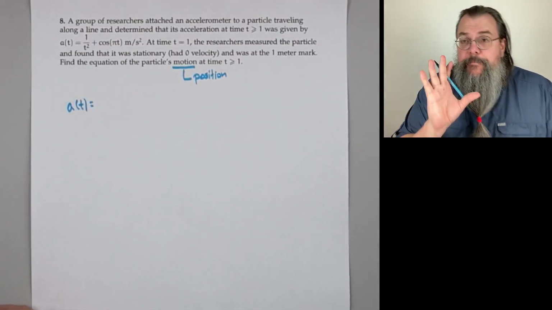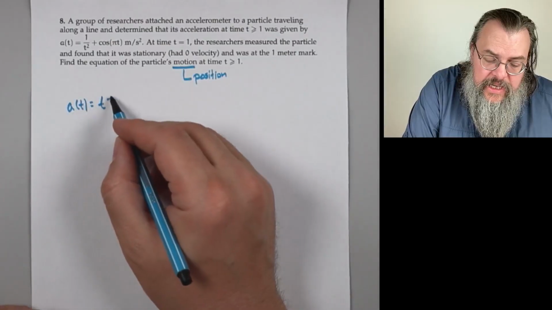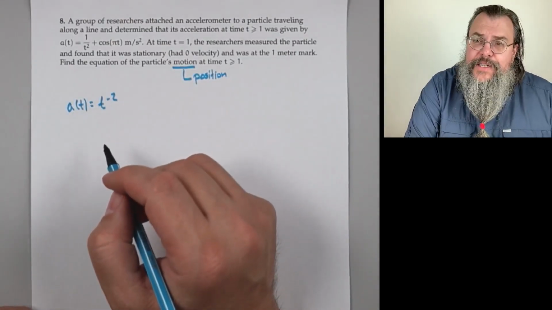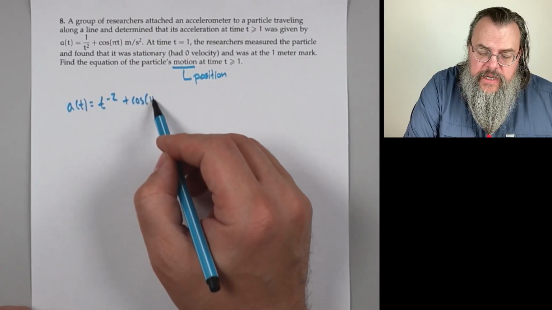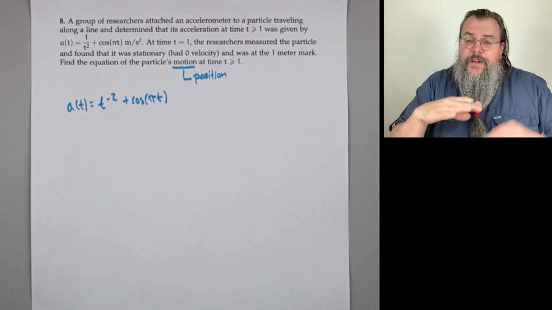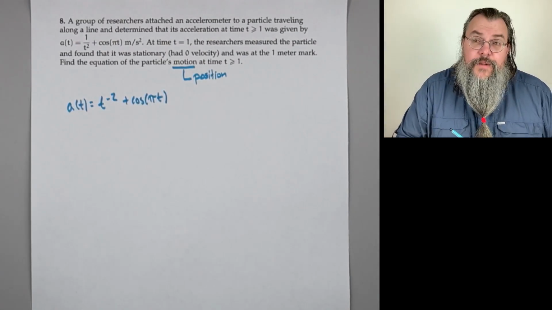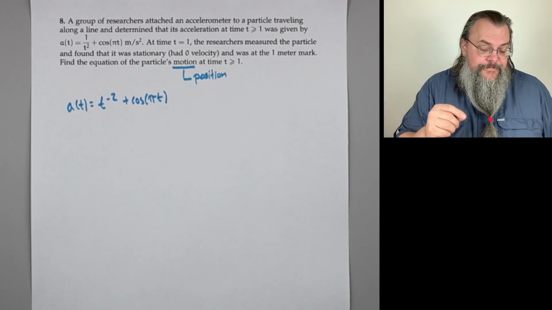Now, I would write this as t to the negative 2, because that's a more calculus-friendly way. And then we have cosine pi t, and then we have units, which I don't worry about, because the nice thing about units is units work themselves out. They are what they need to be.